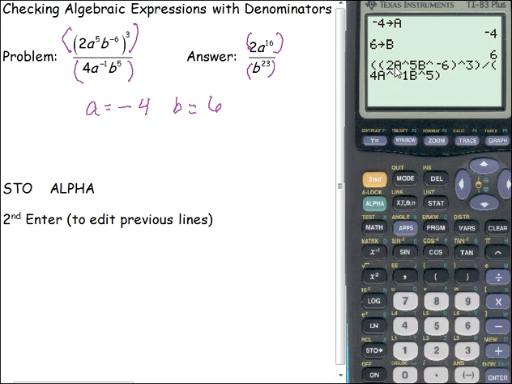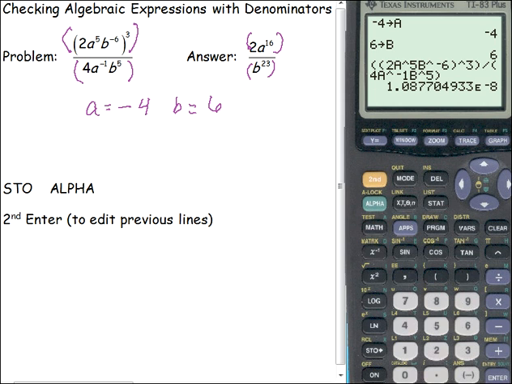Open parentheses twice, 2a to the 5th, b to the -6, close parentheses, raised to the 3rd. Close parentheses. That finishes the numerator, then divided by, open parentheses, 4a raised to the negative 1, b to the 5th, close parentheses. All right, it seems to be right, and I'm going to hit enter to see what the value is.